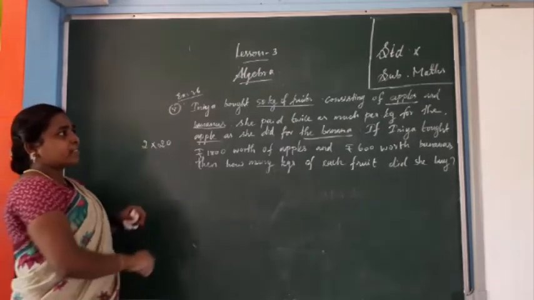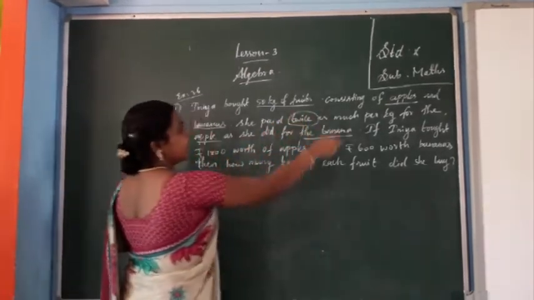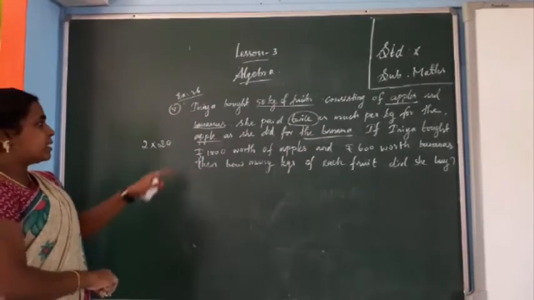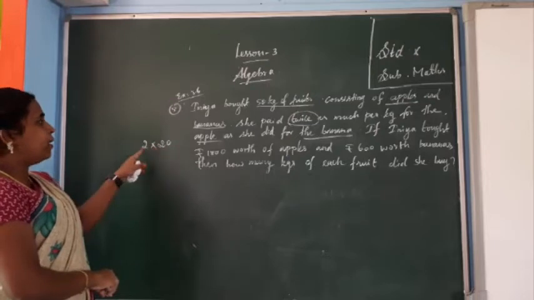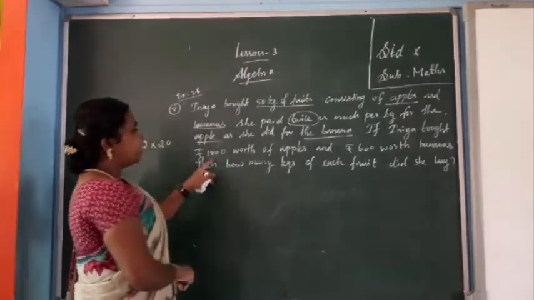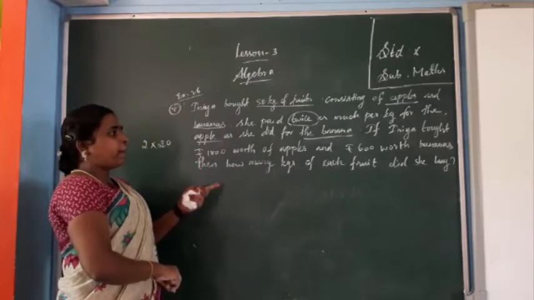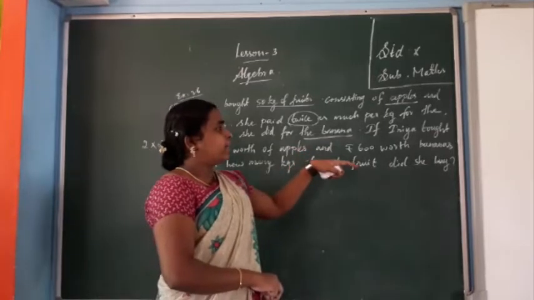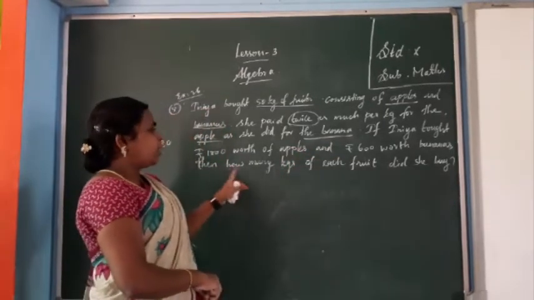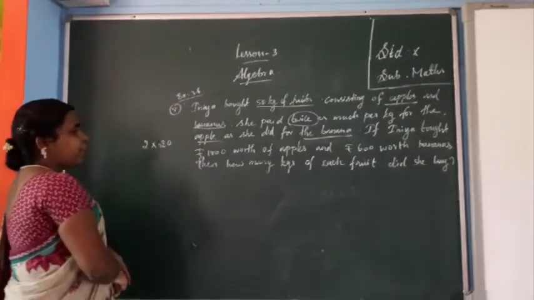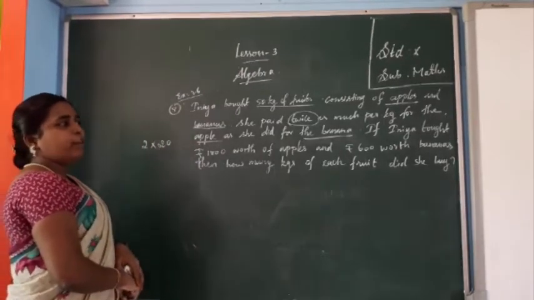So if Inia bought 1800 worth of apple, the total cost of apple is 1800, and banana is 600, then how many kgs of each fruit did she buy? So you want to find the weight of apple and weight of banana.